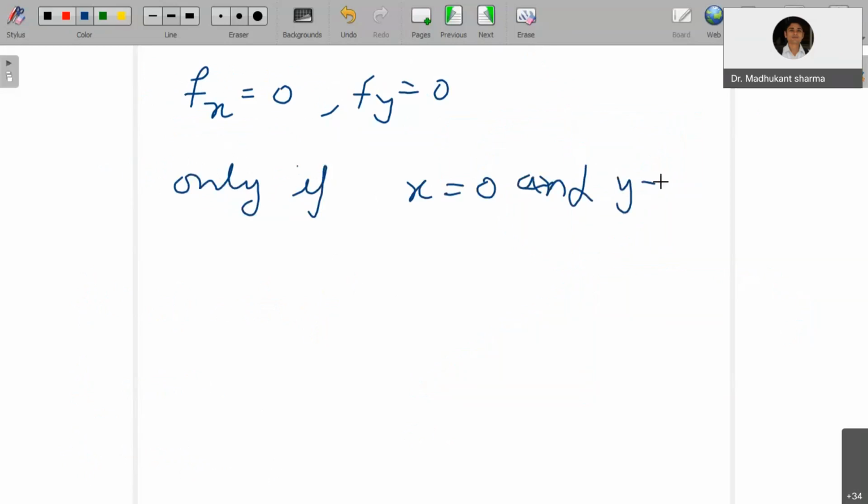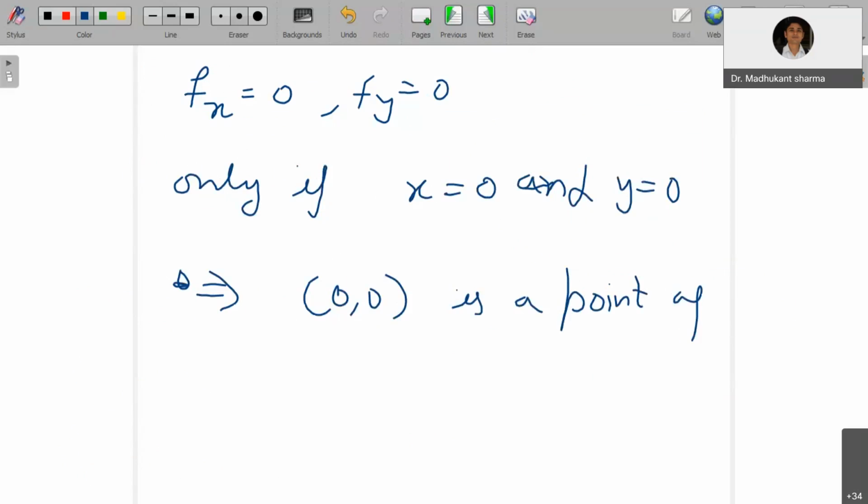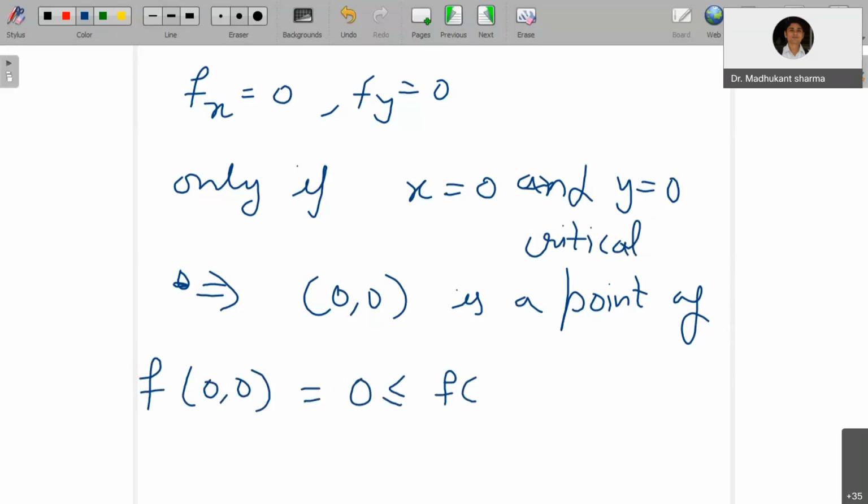This implies 0 comma 0 is a point of extremum, or a critical point. Now you can also look at f at 0, 0, whose value is 0, which is less than or equal to f of x comma y.